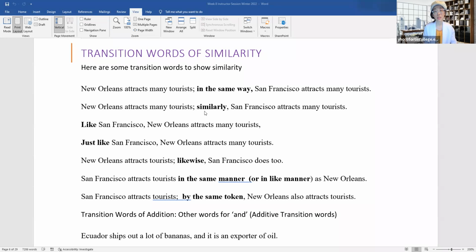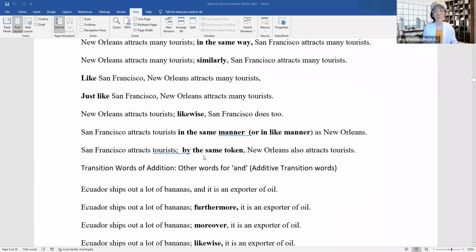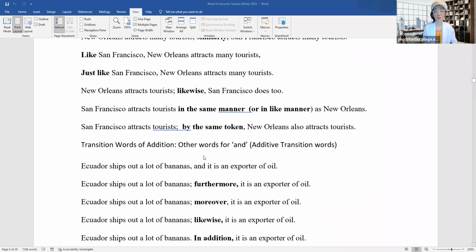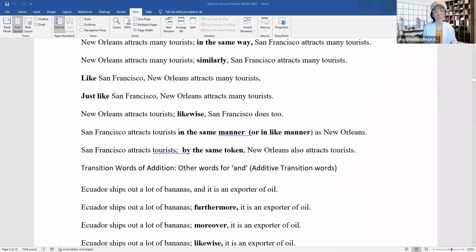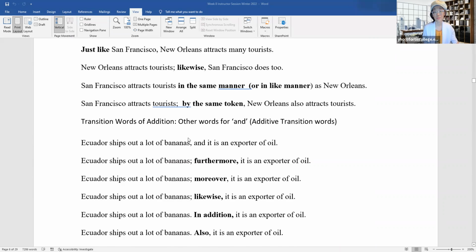So similarly, just like, likewise, in the same manner, by the same token. These are all ways of saying something is the same as. Or you could say New Orleans and San Francisco attract many tourists. So instead of saying and, you can use similarly, likewise, in the same manner.